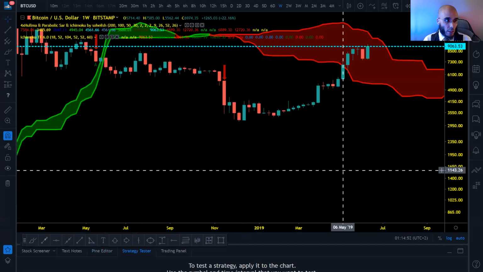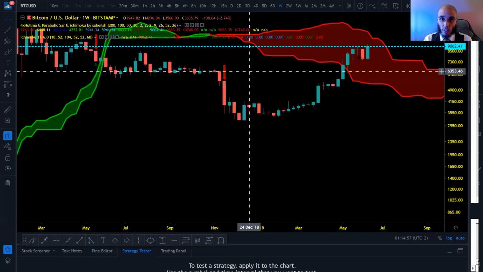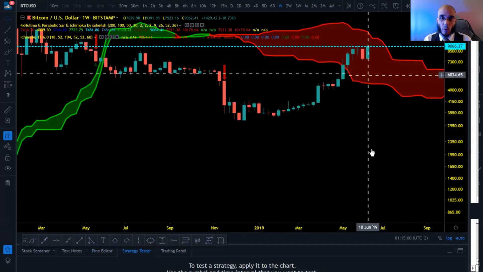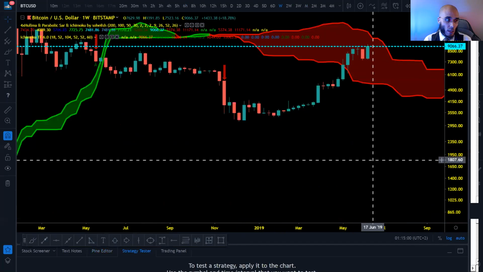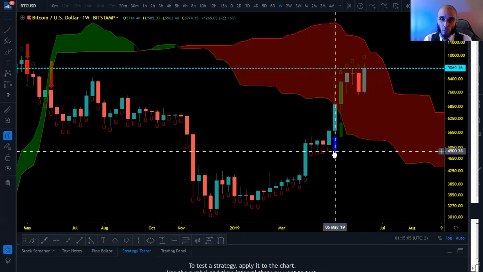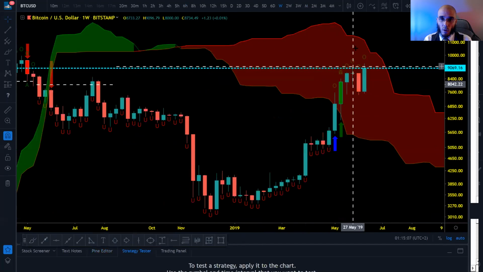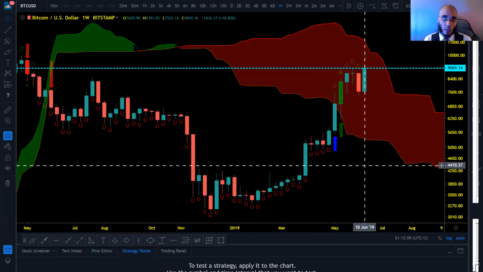Next, here we are still negative because the arrow is pointing down, and I give it negative because we are still in the cloud. Here we are positive because the arrows are up. You have the circles above, which is positive, but we are in the cloud, which is negative.